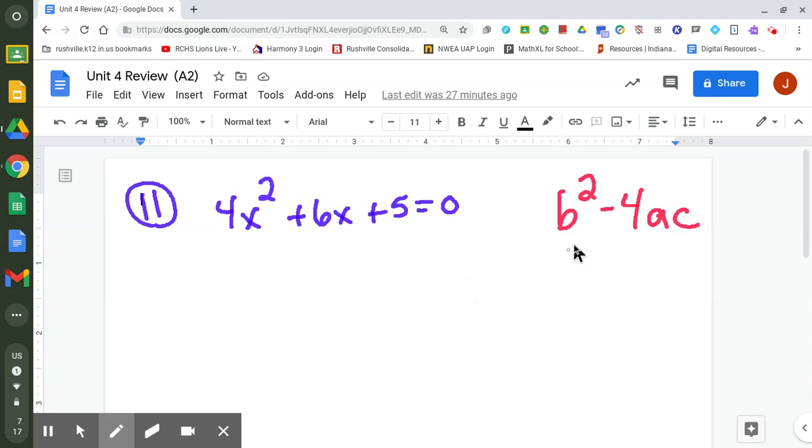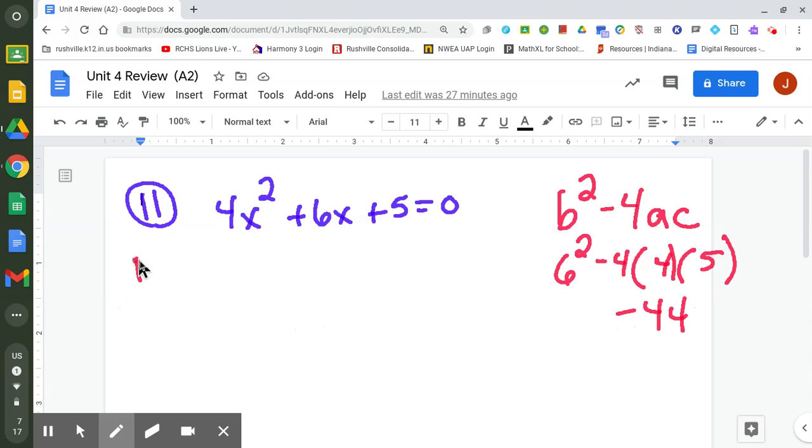So I'll just work down the page here. B squared, so my b is 6. So 6 squared minus 4 times a is 4, and c is 5. So then if we put all of that in our calculator, 6 squared minus 4 times 5, it is negative 44.